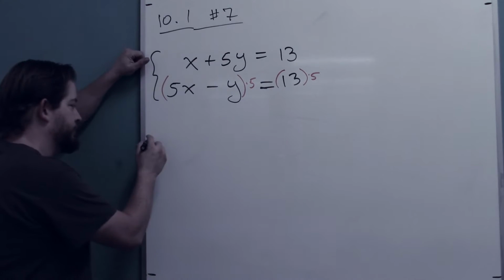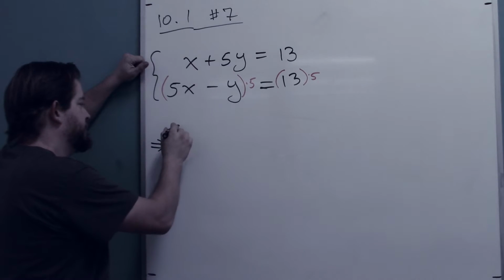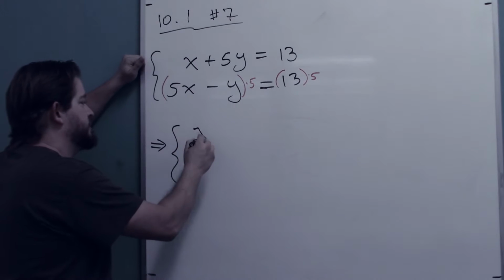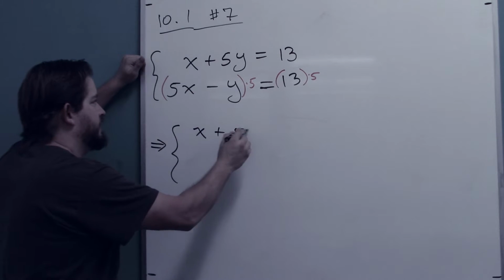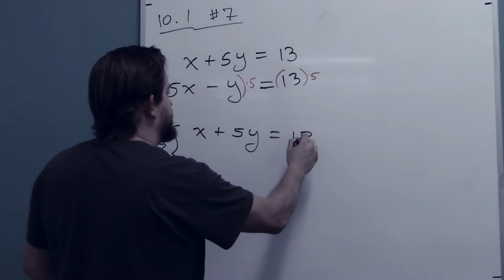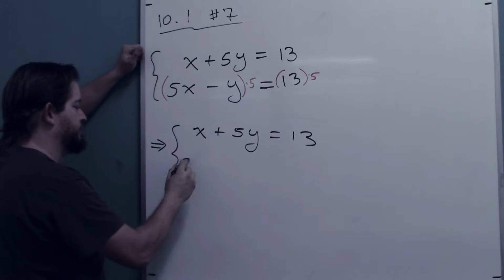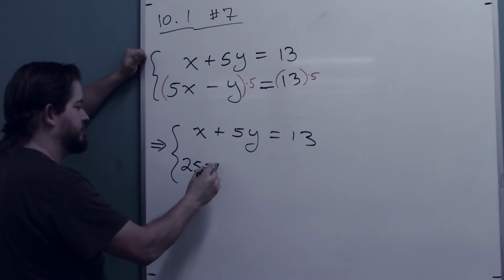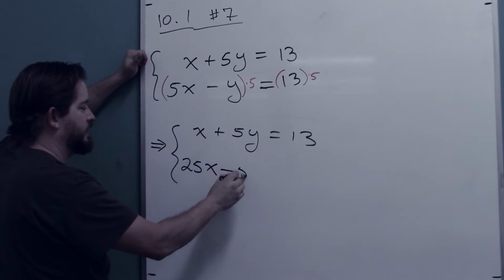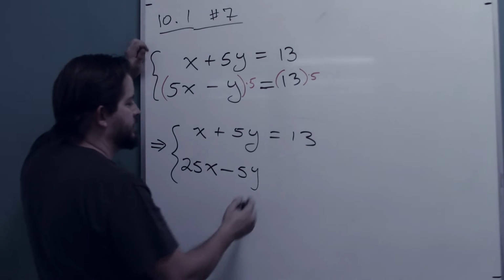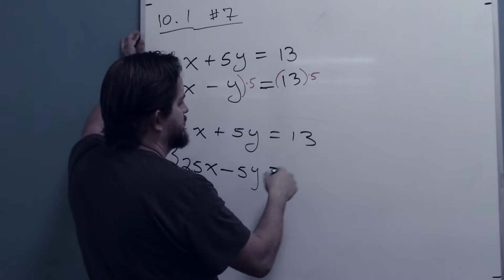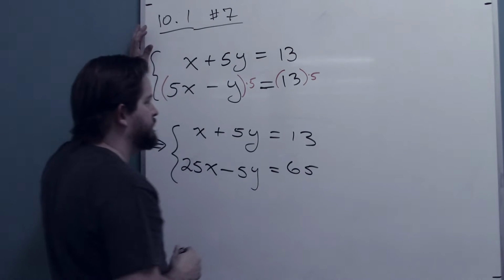This gives me an equivalent system: the top one didn't change, x plus 5y equals 13. The bottom now is 25x minus 5y is equal to 65.